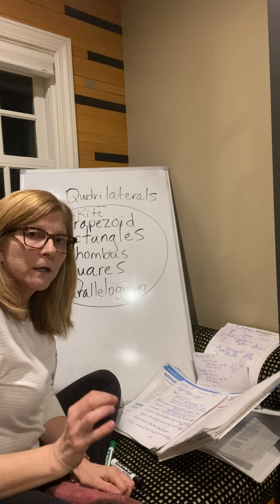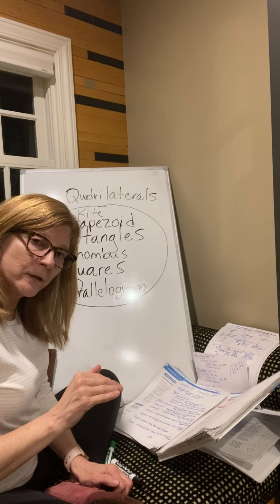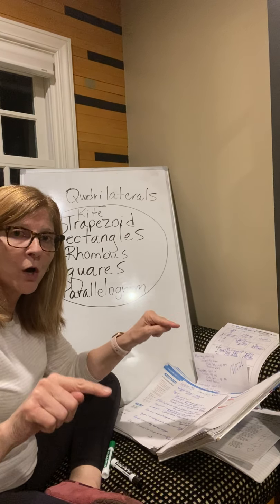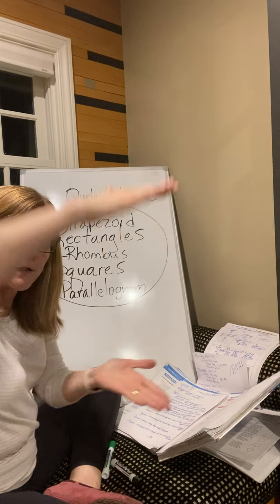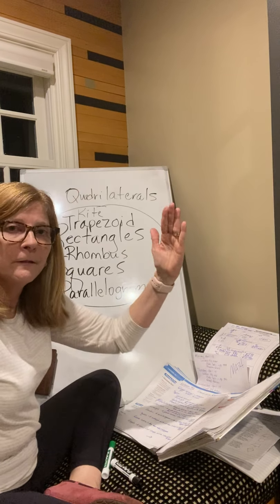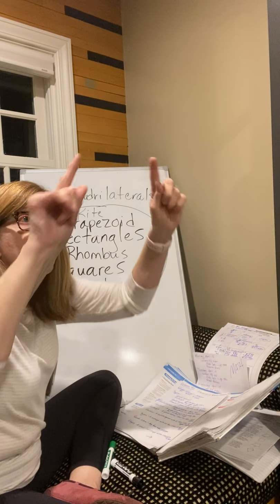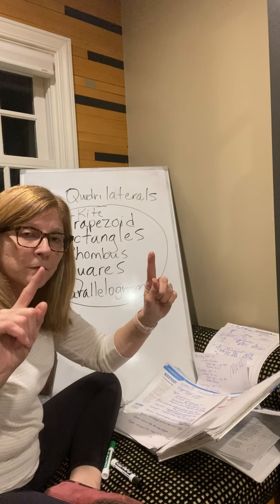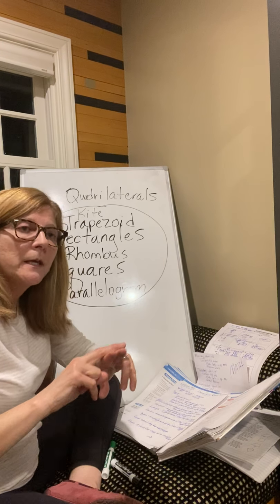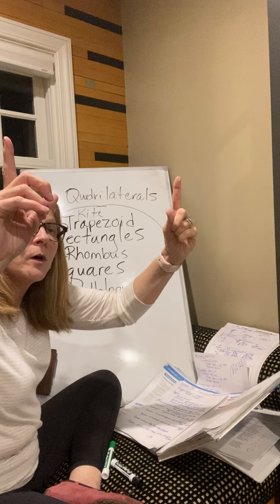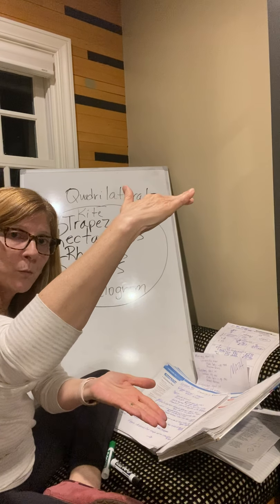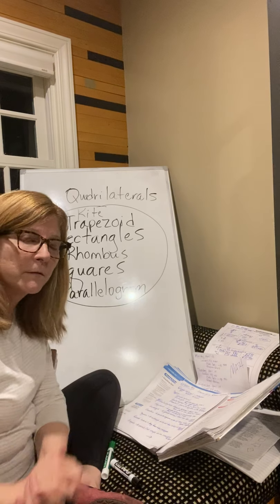A square is a special kind of rectangle because all of the sides of a square are the same length. It still has the 2 sides that are parallel, and then the other 2 sides are parallel, and all 4 corners are right angles, just like a rectangle. But what makes a square different from a rectangle is with a square, the sides are all the same length. In a rectangle, they don't have to be. These 2 can be one length, these 2 can be another length, okay?